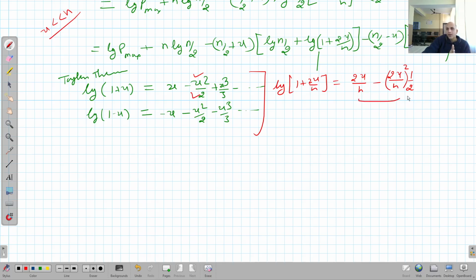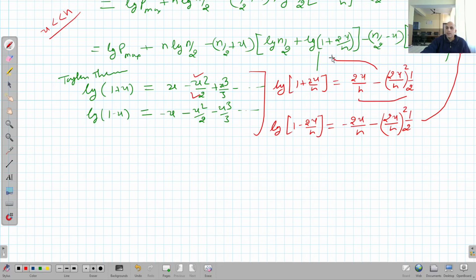So we will retain only up to the second term. Similarly, log of 1 minus 2x upon n will give minus 2x upon n minus (2x upon n) whole square into 1 by 2. So I will put these values here.